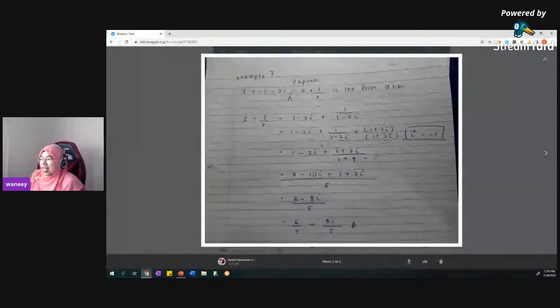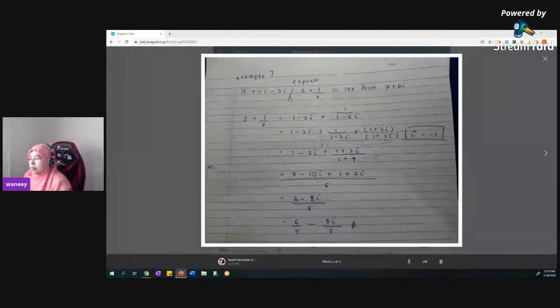Soalan tu dekat mana? Dekat buku, dekat lecture note awak. Oh, sebab awak tak ada lecture note. Sekejap saya tengok. Kalau macam tu saya kena sekejap saya combine semua.